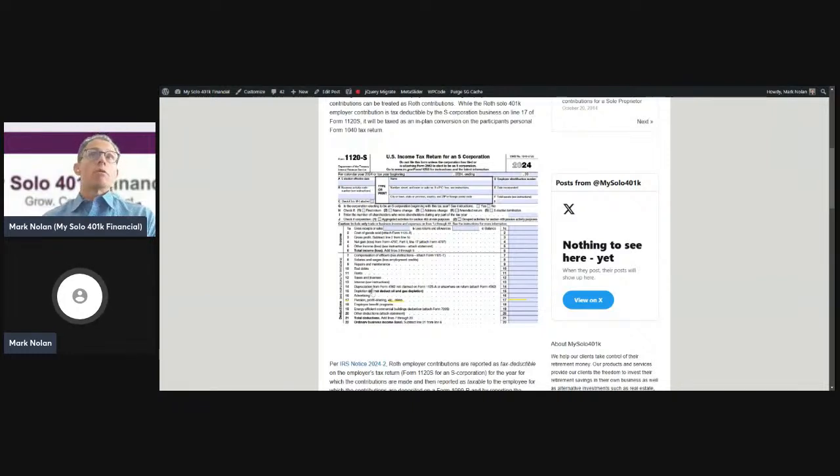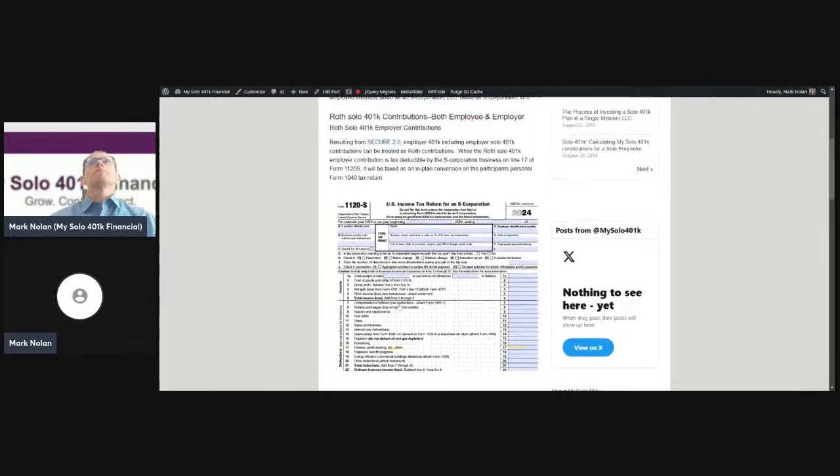Specifically, you would put $25,000 on line 17 of the Form 1120S. That line number is titled pension, profit sharing, etc. So even though it's going to be a Roth employer contribution, you still report that on your business side on the 1120S. So the business gets a deduction for that contribution.